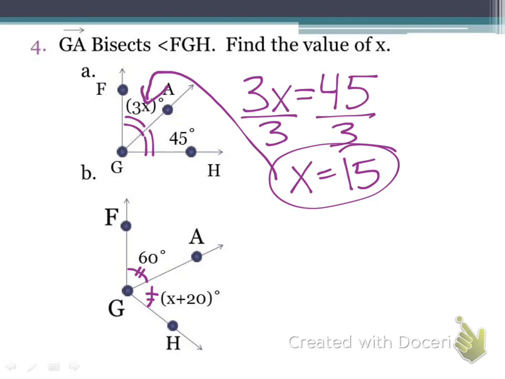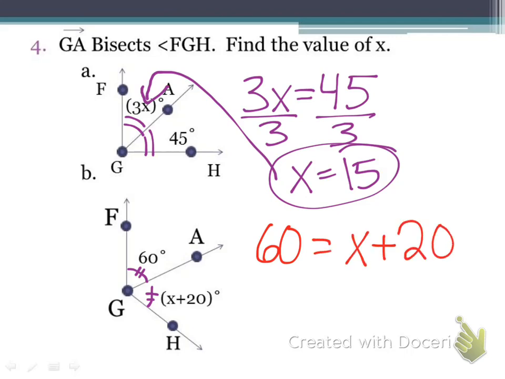The angles are congruent, so their measures are the same. How do you show that something is the same in a math class? You set them... Come on, guys, give me something. Equal. Thank you. Oh, man, you guys are making my job difficult today.